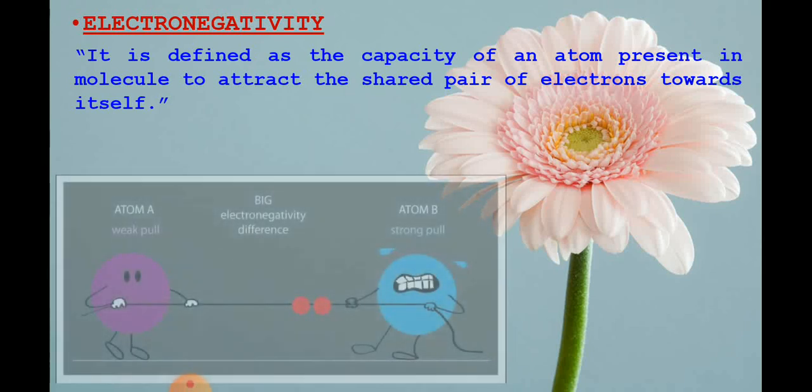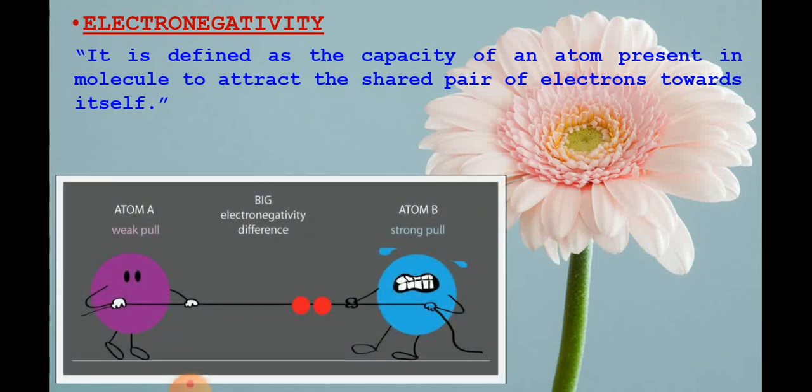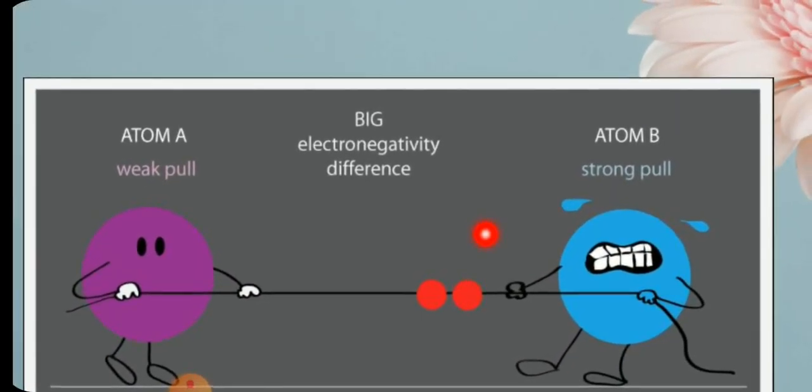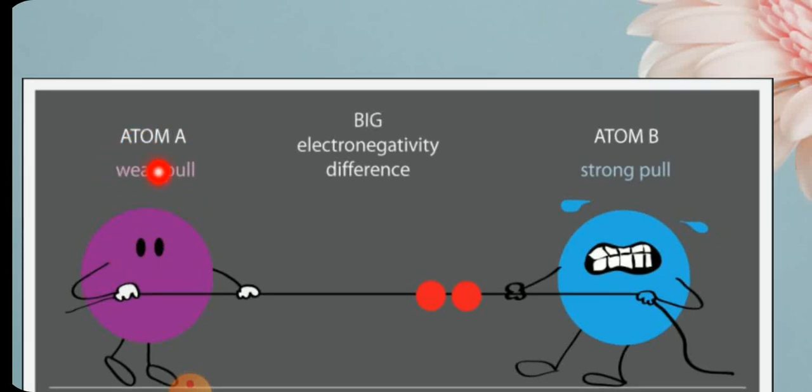So we'll see this animation over here. Say this is atom A. Can you see here? This is atom A and this is atom B. So this atom A and atom B are held together by a single bond, a covalent bond, which is formed by mutual sharing of a pair of electrons. That means we have a molecule AB.